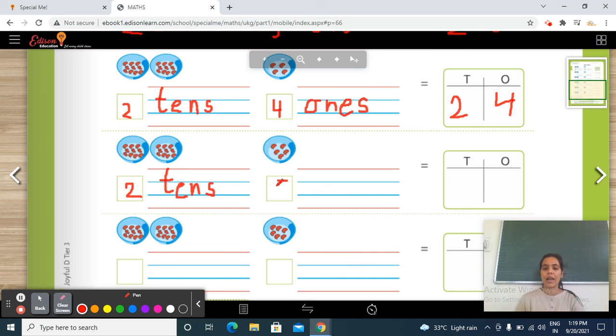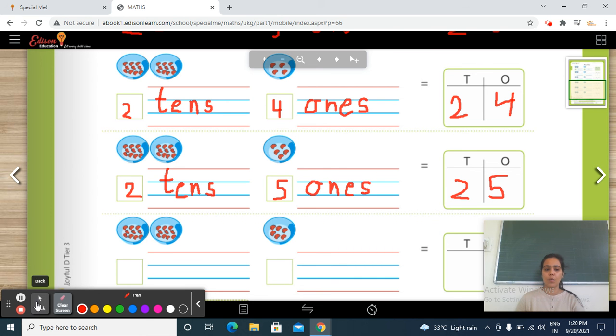Five ones. Very good, that's great. So what do we have to write? Ones over here, O N E S. Next you have to write the number 25. Is it easy? Yes, it is easy.